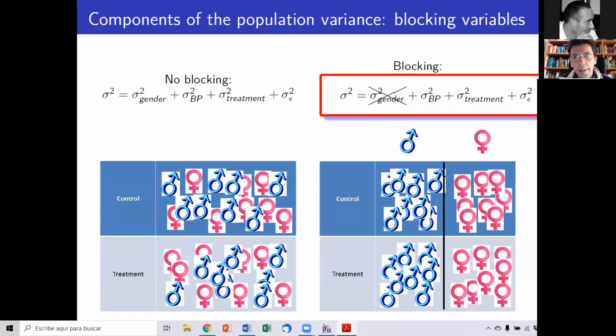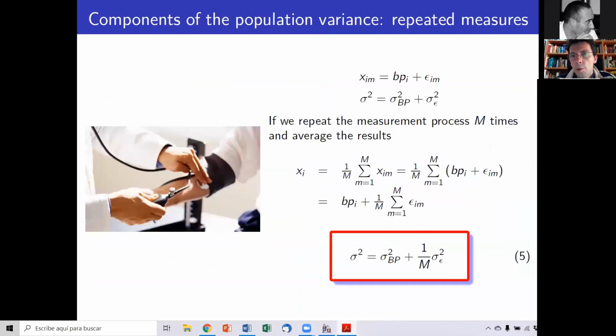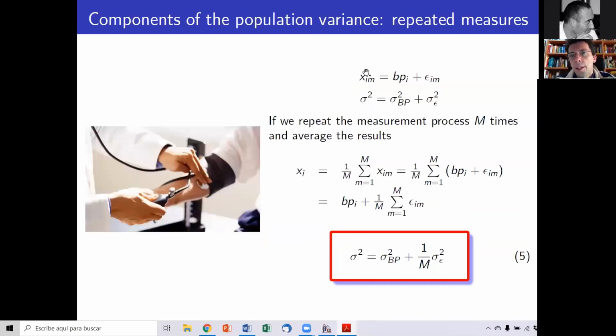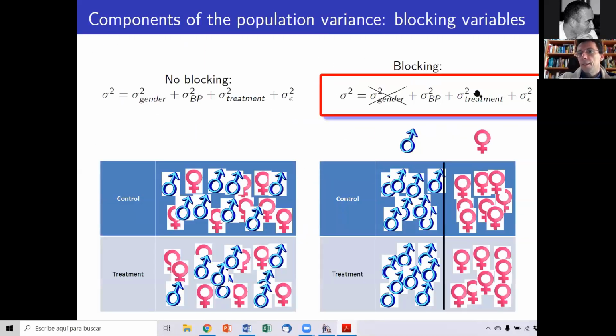So by identifying factors and blocking those factors, and blocking is something that you saw in the experiment design lecture, you can actually reduce the number of samples that you need, because the sigma that you need to use in this formula is the sigma that you cannot explain. So it is only the part that you cannot explain.